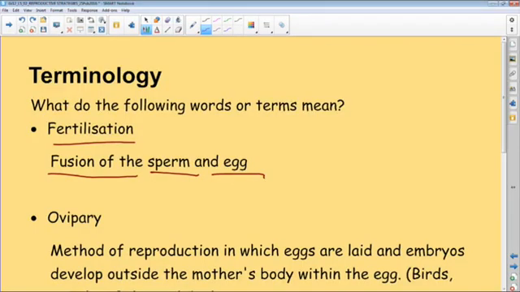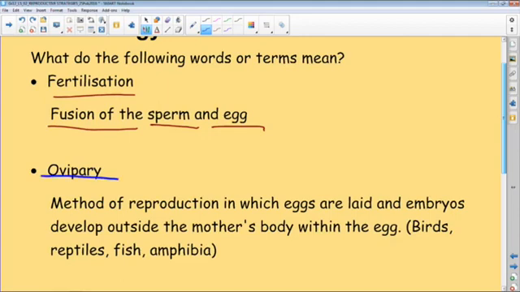The next one I want to get to, these are quite cool. I love these. We always talk about them, and they confuse you. The first one is oviparous. It's a method of reproduction where eggs are laid, and an embryo develops outside of the mother's body within an egg.